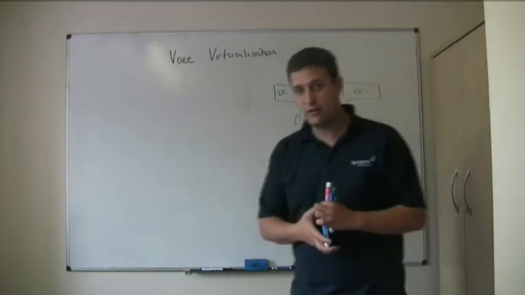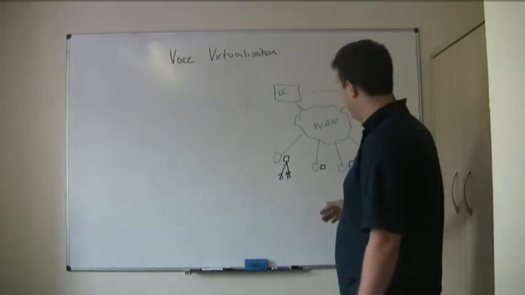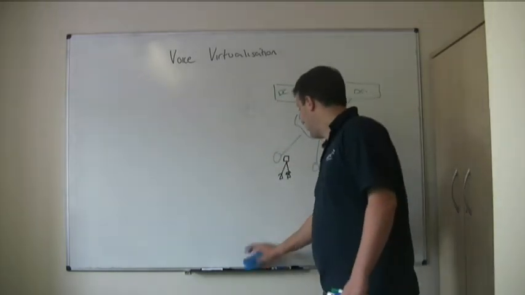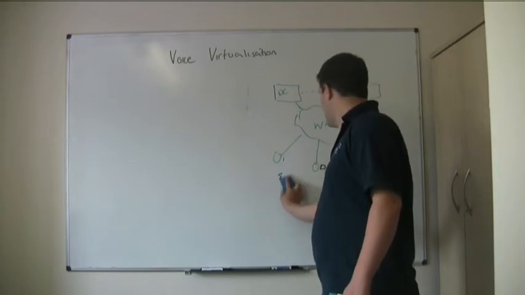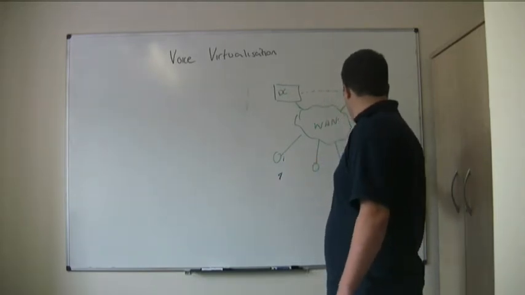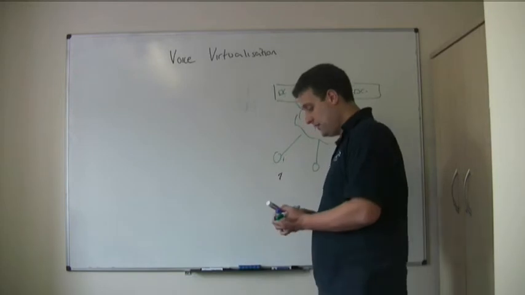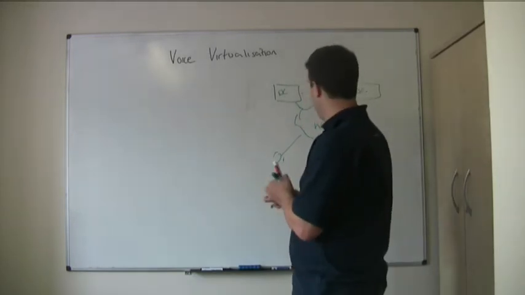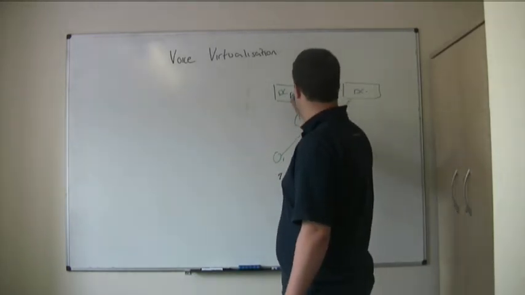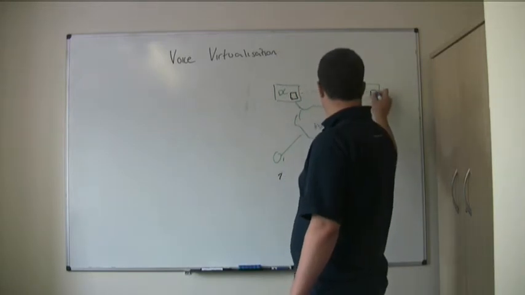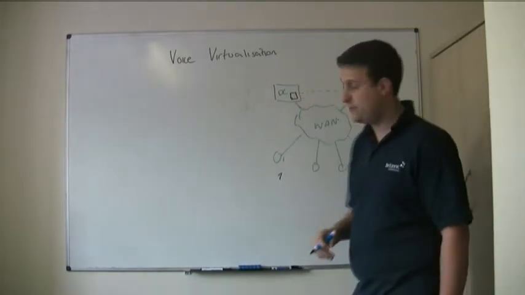By virtualizing your telephone system, you're able to move your PBX away from your local sites and put them up in your cloud or on your virtual layer up here. And you may have two for resilience purposes.